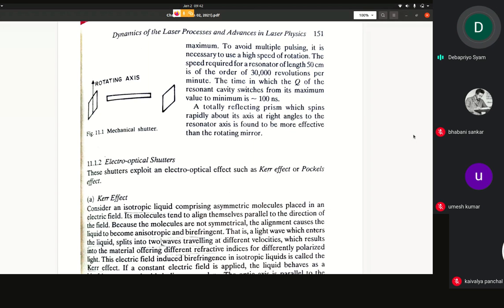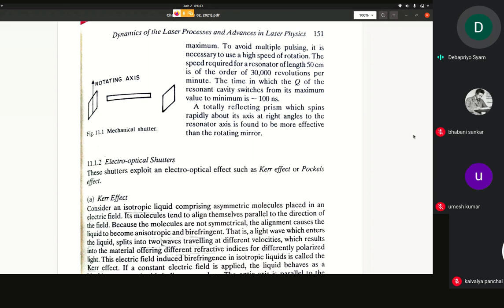So the rotation rate has to be very high. As you see mentioned in the text, it is something like 30,000 rotations per minute. That is 30,000 RPM, or 500 per second. That means the rotation period is something like 2 milliseconds. It is so arranged that this period agrees with the time period during which the flash takes place.